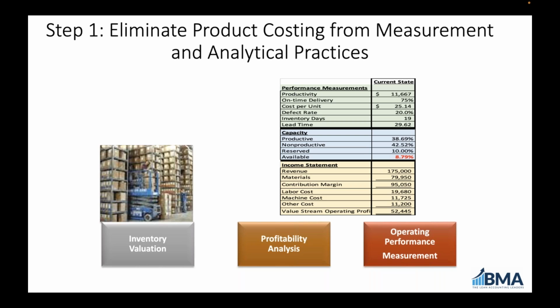That's a whole separate class. We still want to use standard product costing for inventory valuation for a period of time until inventories come down. Therefore, what you try to do is simplify your standard costing.